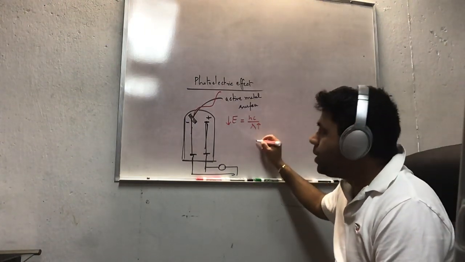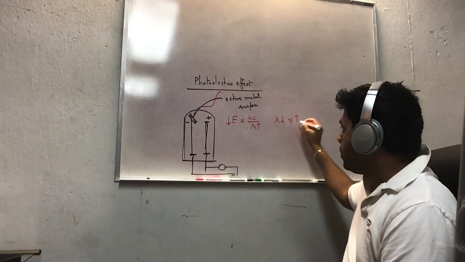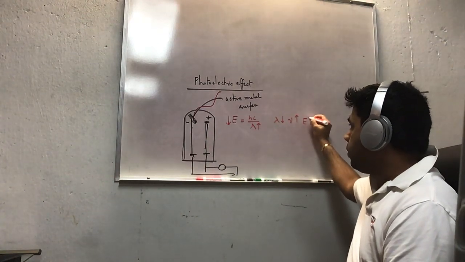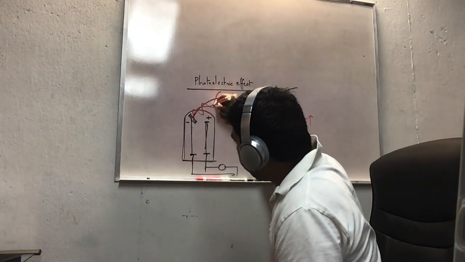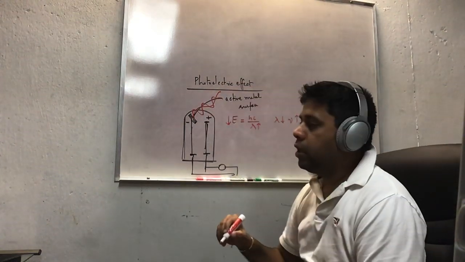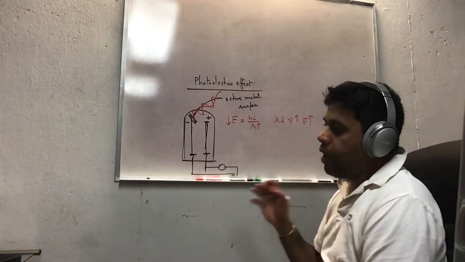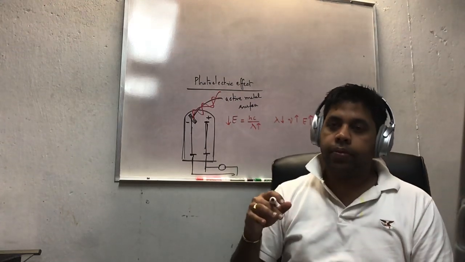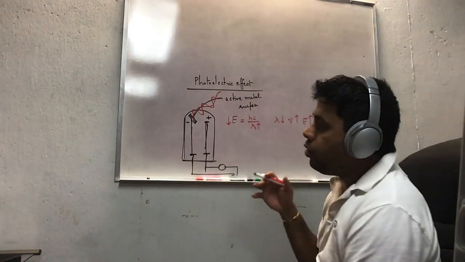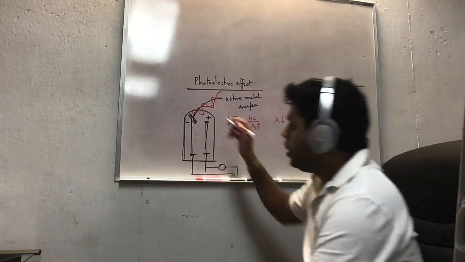Then he decreased the wavelength. As you decrease the wavelength, frequency gets increased. As the frequency increases, energy increases. So he used a much higher frequency wave. As soon as he put the high frequency light onto that active metal surface, as you know, metals are made up of metal atoms and atoms contain electrons.